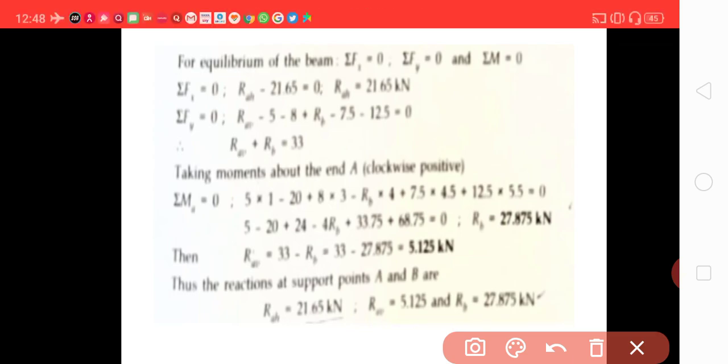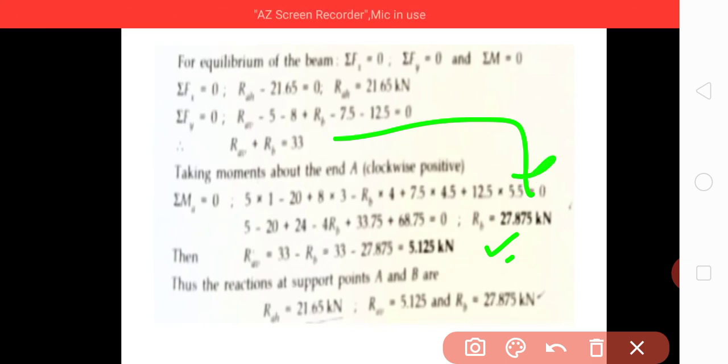Then subtracting RB from the total vertical load, RAV will be given as 5.125. The total will be equal to 33, this plus this will be 33.